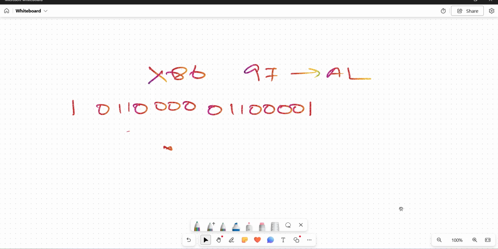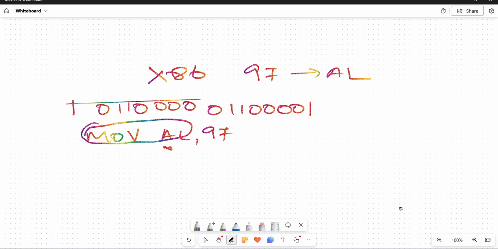Weird, right? We don't understand what it means. The same can be written in assembly language as MOV AL, 97. So what does it represent? The first sequence, 1011 and four zeros, is the opcode for this MOV AL.